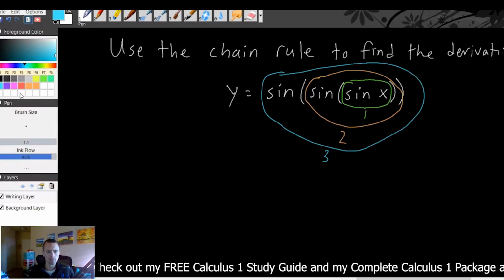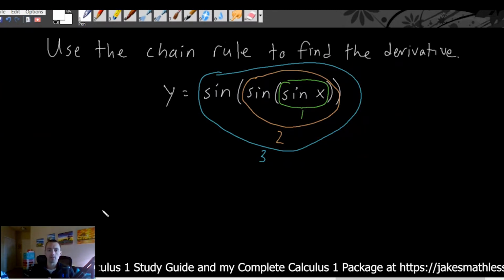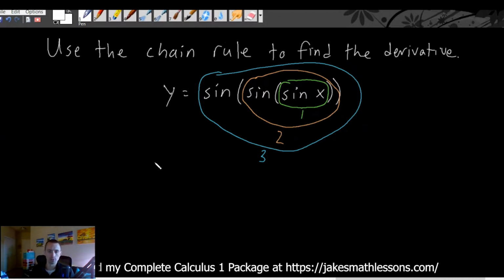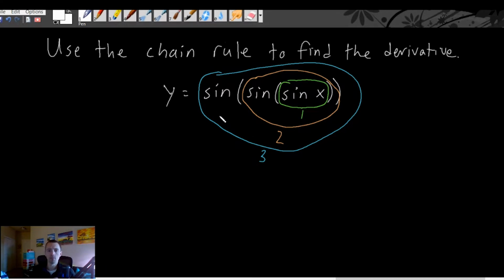We're still going to use the same method that I've been describing, except instead of thinking of it as just derivative of outside function, leave the inside alone, times the derivative of the inside, we'll think of it as the outermost and then the next level to the inside. What I mean by that is, first, we're going to think of finding the derivative of our outermost function, our third level function.